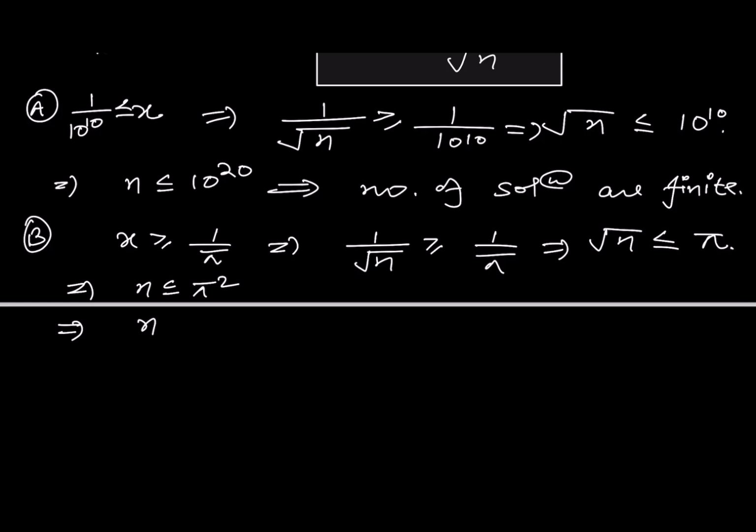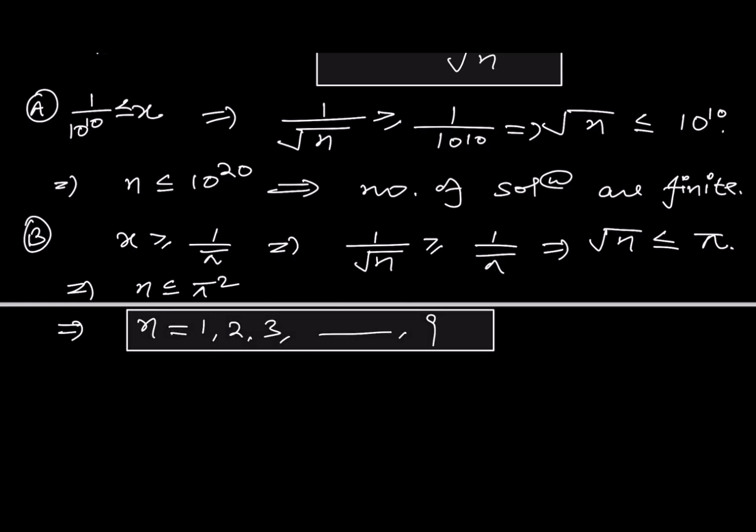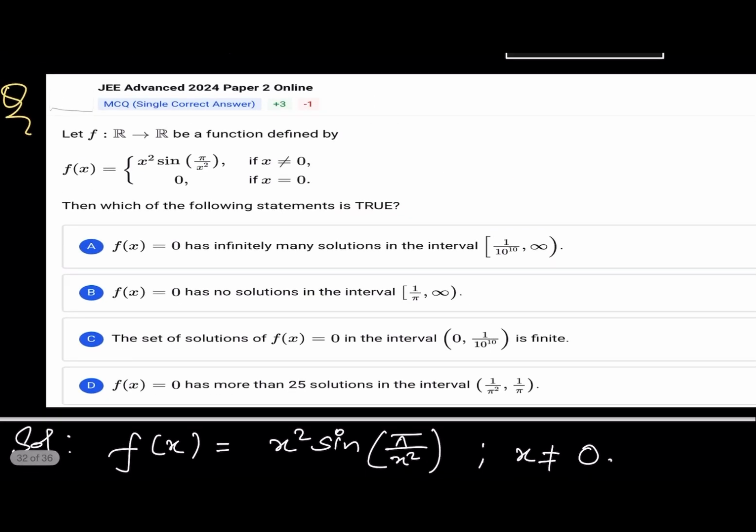So n in this case will be 1, 2, 3 and so on up to 9. So there are 9 solutions, but option B says there is no solution. So option B is incorrect.